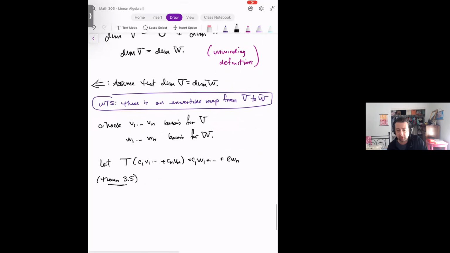So why is this map surjective? Because it's easy to see how you would get an input from a given output.